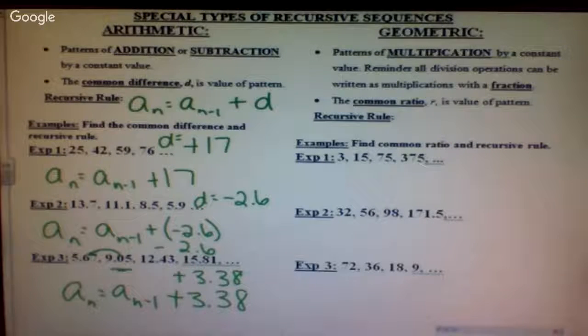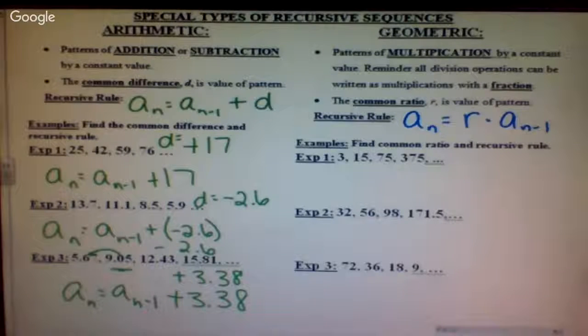It's called your common ratio because sometimes it's a fraction, and a ratio is a fraction. They denote it by R. So your recursive rule here is A sub n equals R times A sub n minus 1. You need to find that common ratio, and that's what you multiply your previous term with.